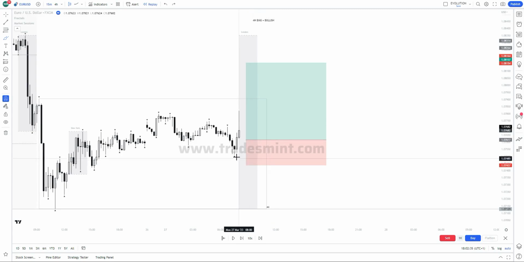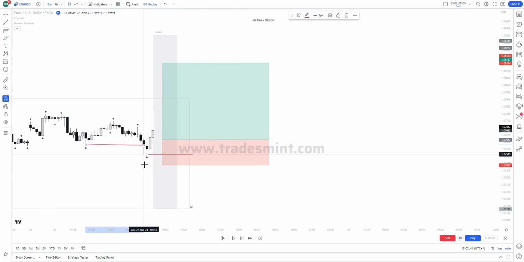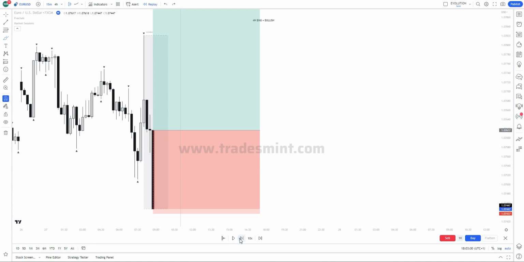We want the sweep to happen inside session, in and around session. So we sweep this low here. That's quite early, we're looking at like 7:15, 7:30. So we come into London session and we inject this low here. We're injecting that liquidity to push price higher, but we're merely waiting for the liquidation and then go. That simple pattern that we talk about.